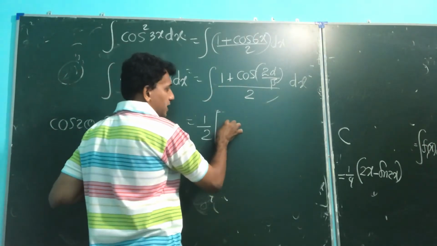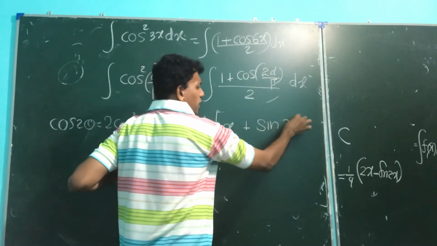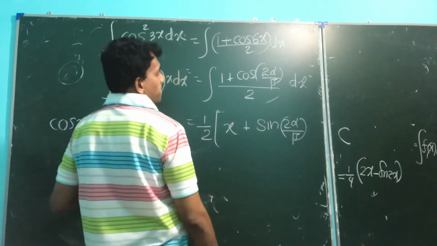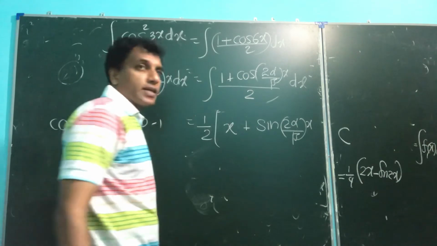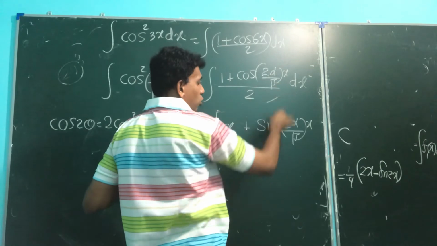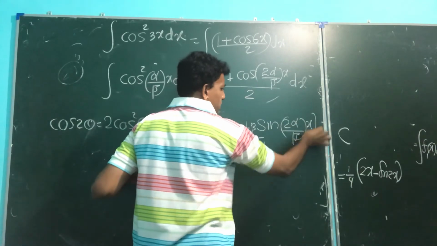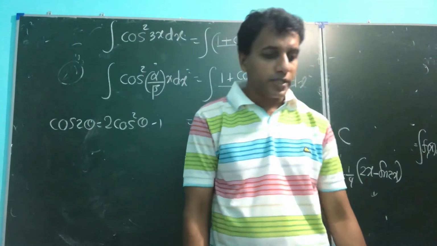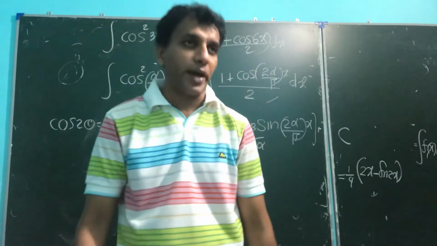One integration is x, cos is sine 2 alpha over beta x, and don't miss the reciprocal of the differentiation. That is 2 alpha over beta, so the reciprocal is beta over 2 alpha, right? And don't miss the plus c, the arbitrary constant. This is the cos square theta form. Change to the double angle, cos 2 theta format.